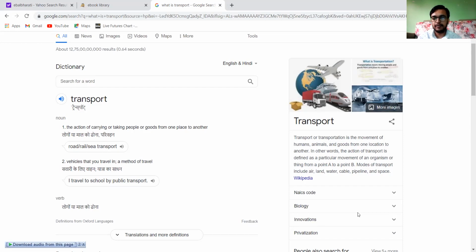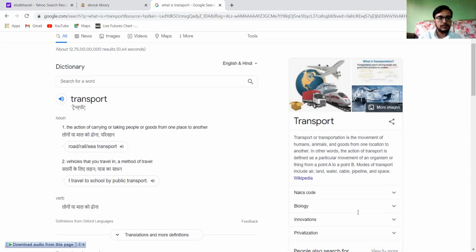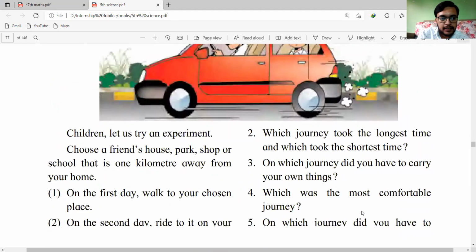Right. These are the different modes of transportation. Here you can see aeroplane, metro train, ship, truck. Right. Have you clear this? Now let's study transport in detail.